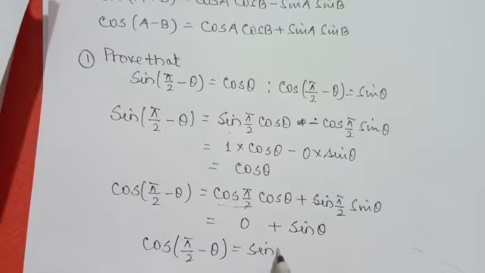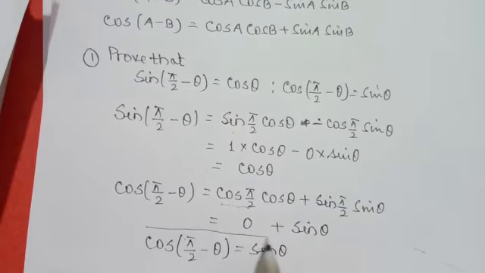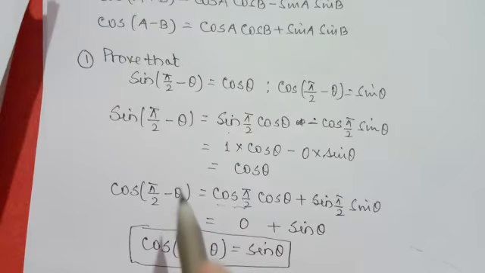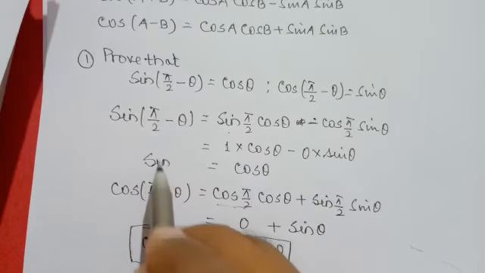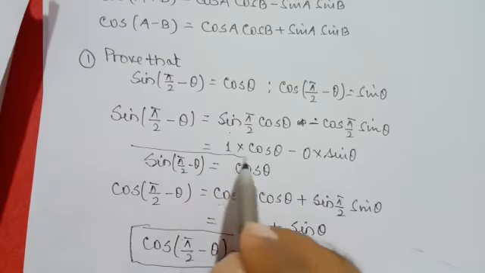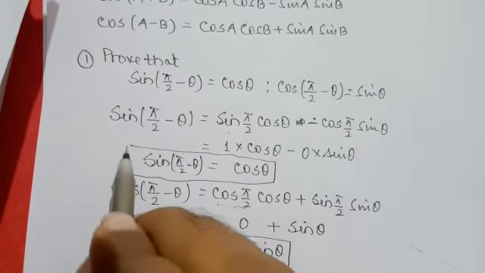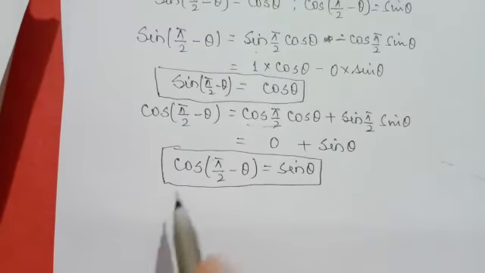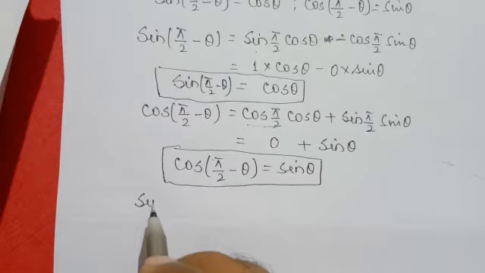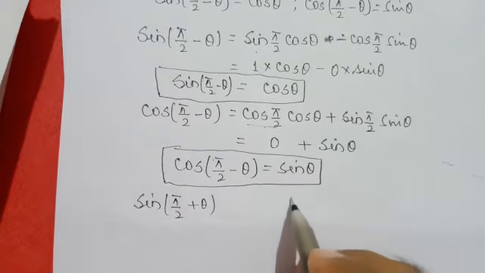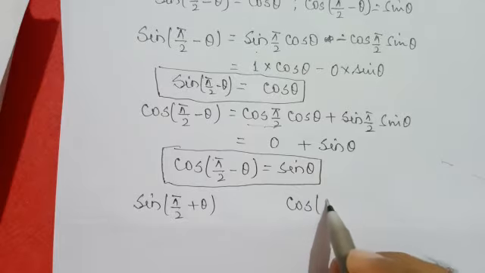So these are not theorems, these are just formulas. You must remember them. Sine pi by 2 minus theta is cos theta, and cos pi by 2 minus theta is sine theta. Similarly, students, you can prove sine pi by 2 plus theta and cos pi by 2 plus theta.